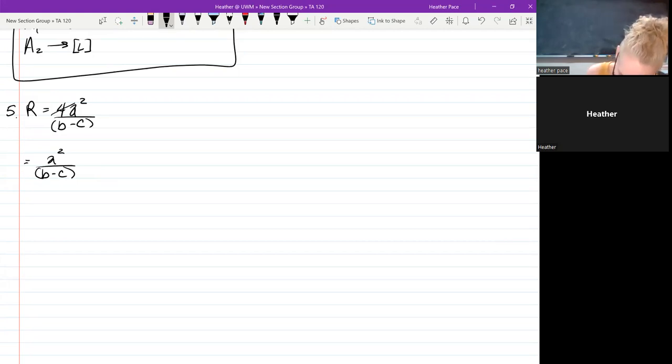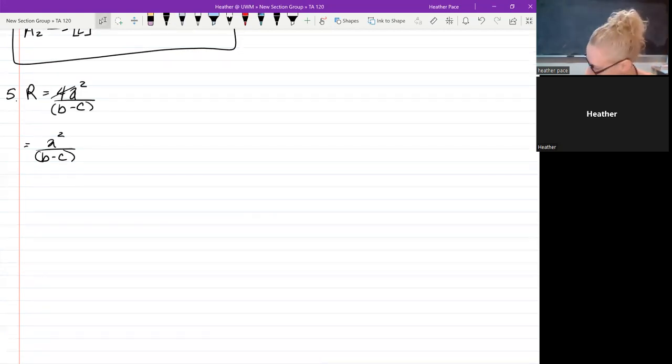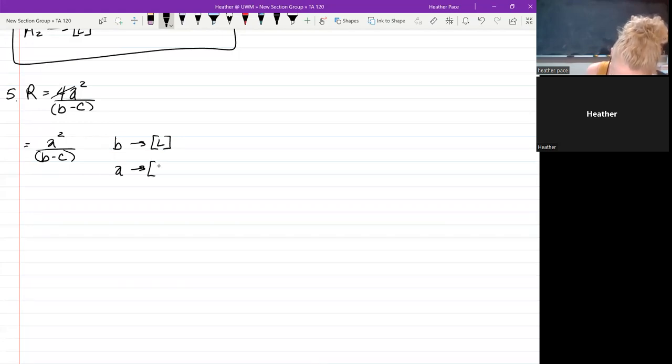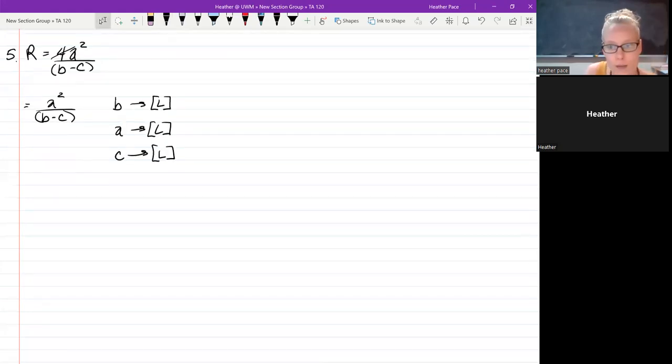So B goes to L, A also has a dimension of L, and C has a dimension of L. So let's plug those L's into our equation. Of course, getting rid of the 4 because that's a dimensionless constant.